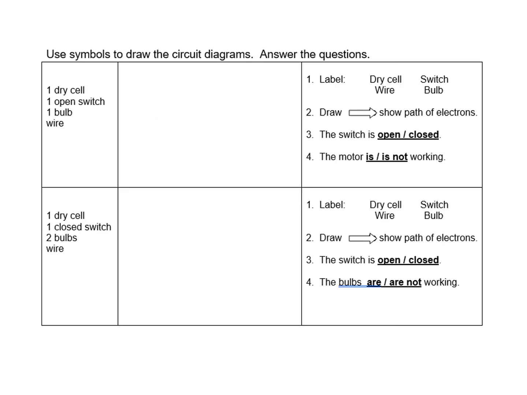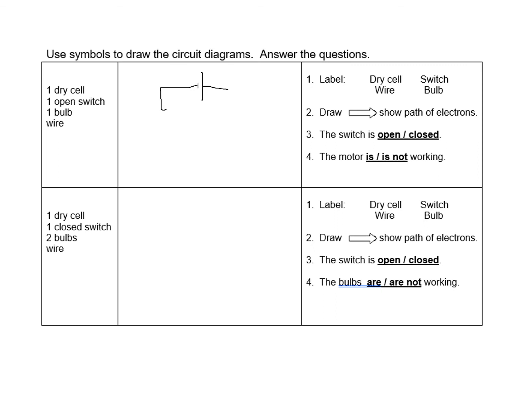And now I'm going to show you how to draw a circuit from the components. So here I have one dry cell, one little line, one big line. And then one open switch.